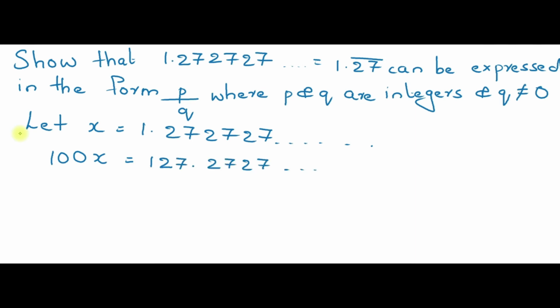127.2727. So x is equal to 1.27, and 100x means this 27 will be coming here, so 100x is equal to 127.2727. Then we have to split this 127.2727 into two parts, and only then will you get the x value.